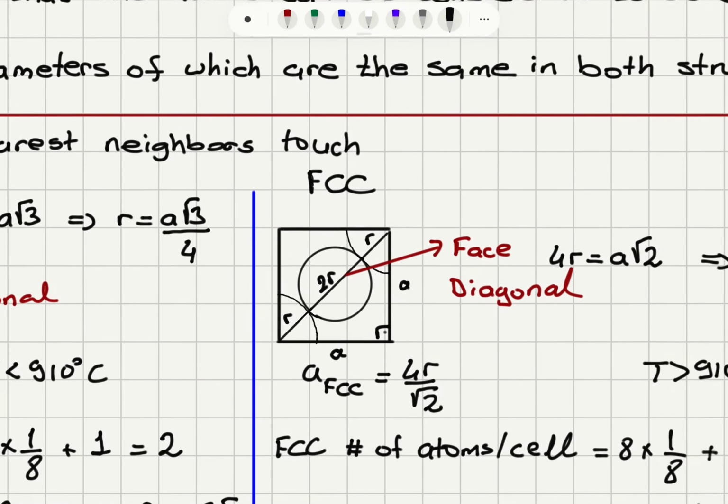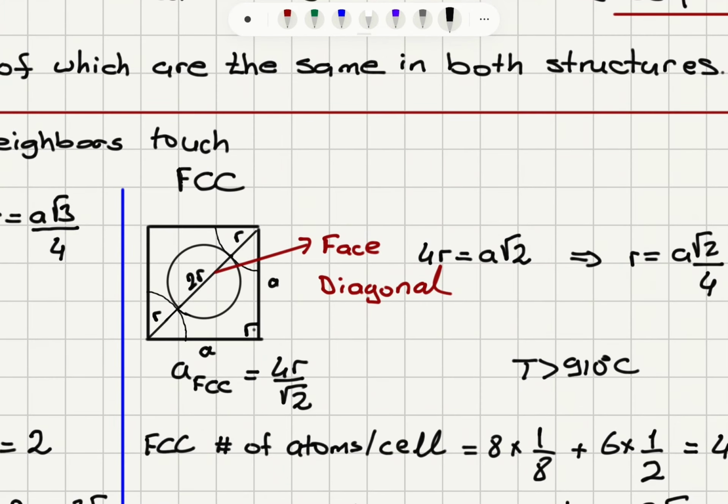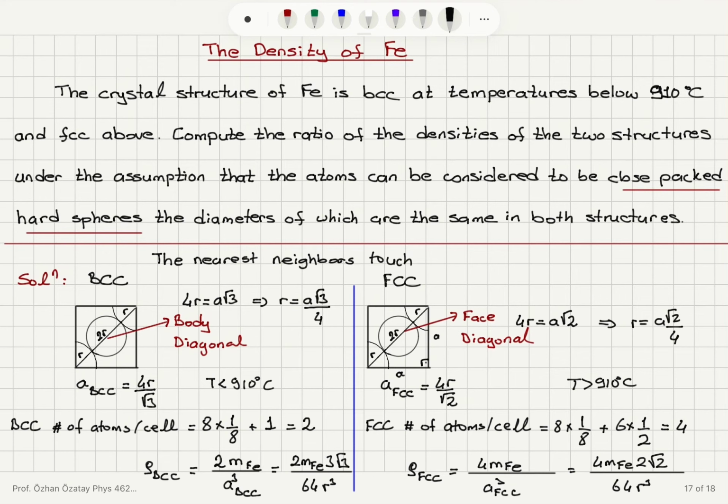And for the face-centered cubic structure, the nearest neighbors are at one face, the one at the face center and the two at opposite sides of the face diagonal, which are at the corners. So the distance between these corners is a√2, which is equal to 4r. So r is a√2 over 4, or the lattice constant for the FCC structure is 4r over √2. There is one more difference between these two.